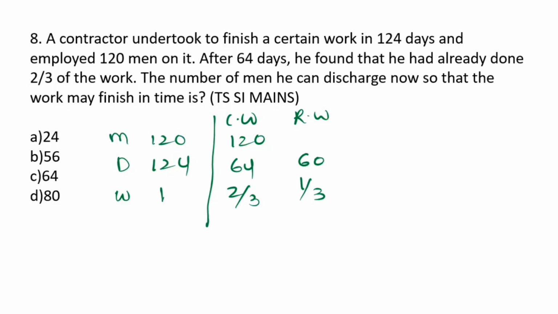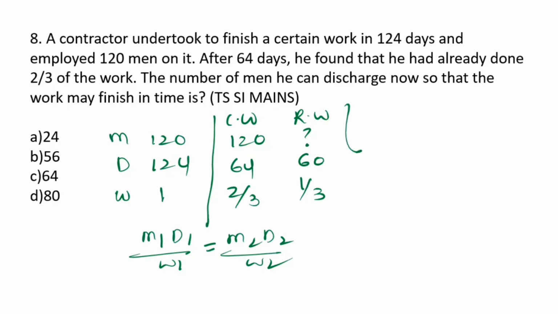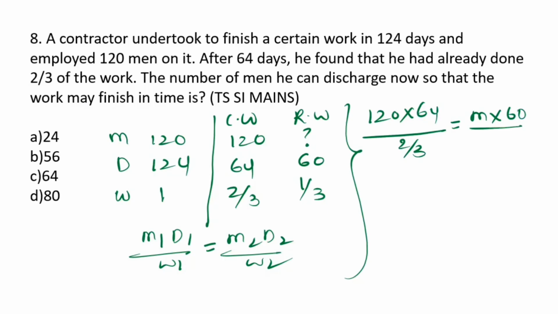And how many men do you need to discharge? Okay. So same formula, M1 D1 by W1 is equal to M2 D2 by W2. So 120 into 64 divided by 2 by 3 is equal to M into 60 by 1 by 3. So this 3 cancels. 60 into 1, 60 into 2.